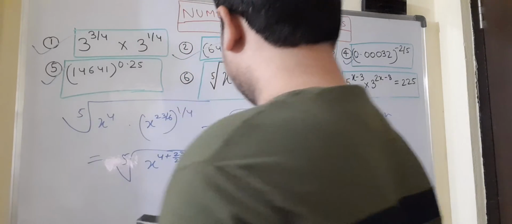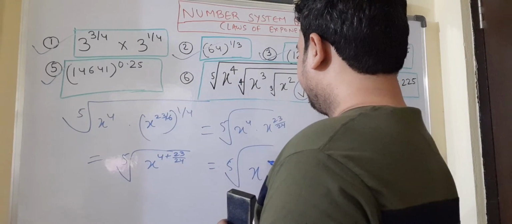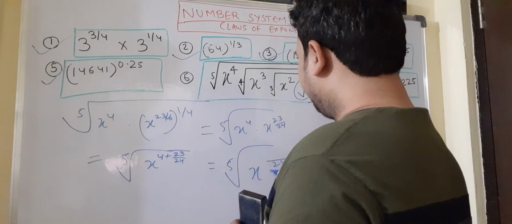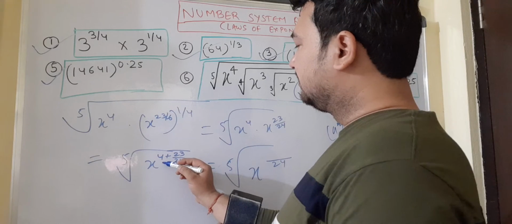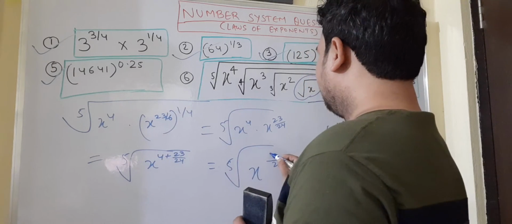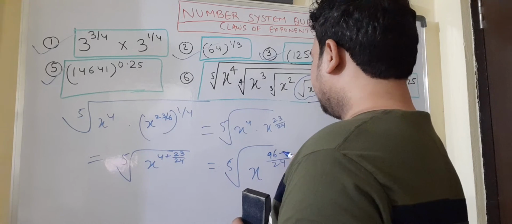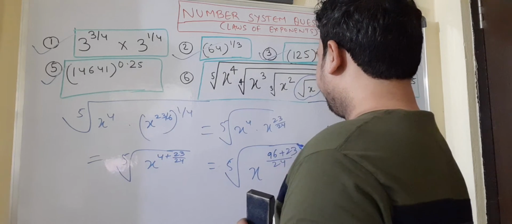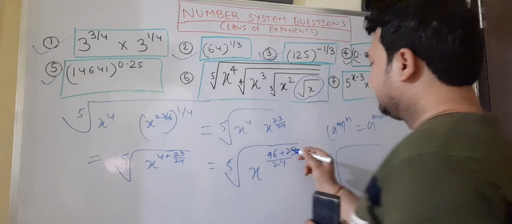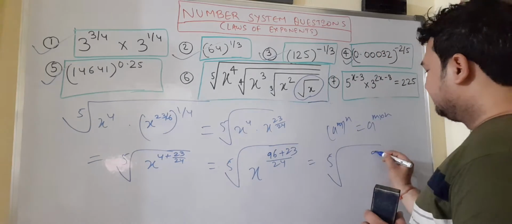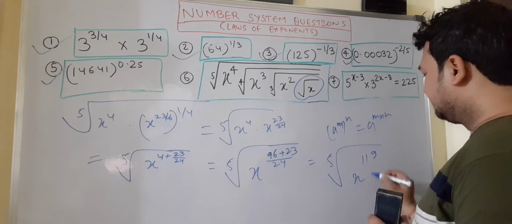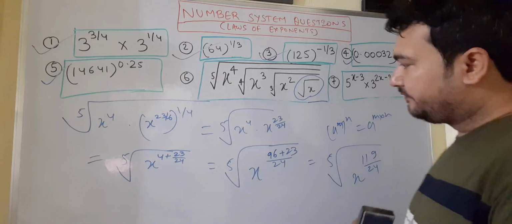Fifth root of x to the power, the denominator will be 24. 4 has denominator 1, so 1 how many times? 24 times. 24 fours are 96, plus 23 here. This will give you fifth root of x to the power 119 divided by 24.